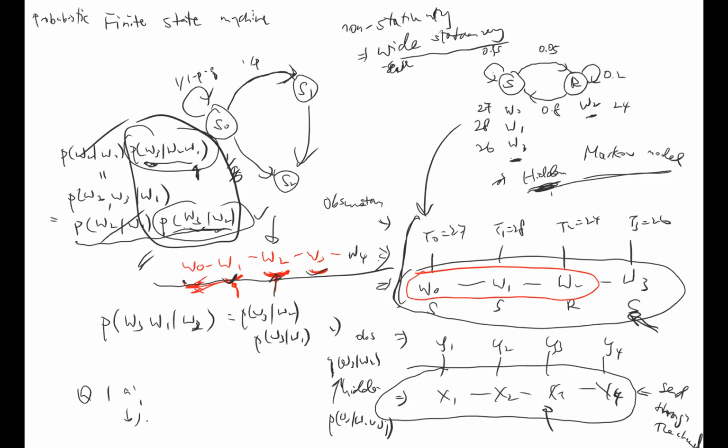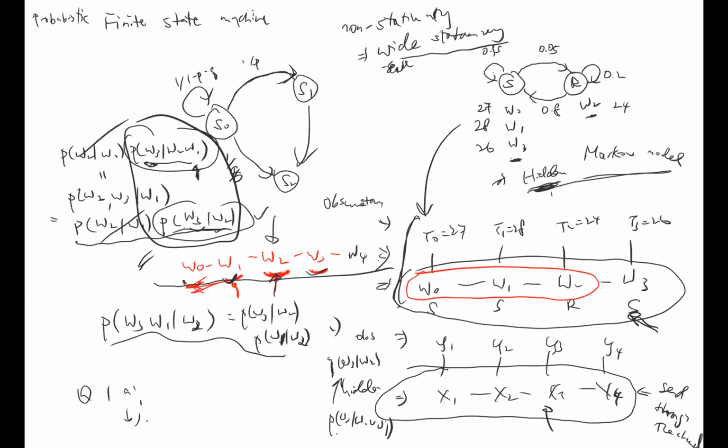It should be W2, the last term. Yeah, probably it's a typo. P of W3 given W2 and W1. Yeah, thank you. Okay, now got it.